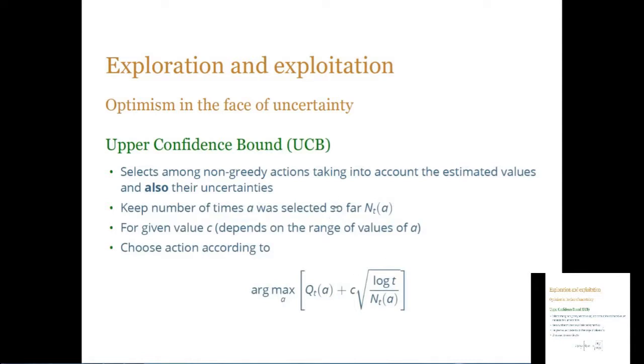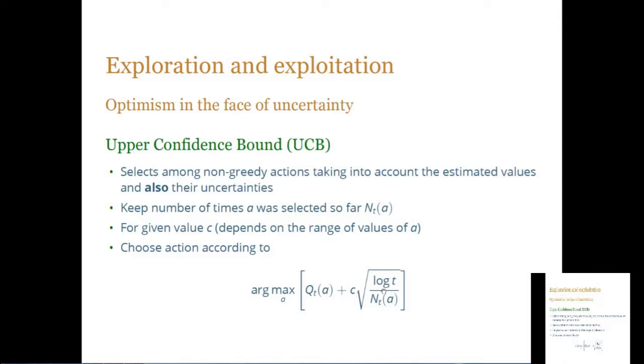So we have to keep the number of times that an action was selected so far. So this is this N at time t. And then for some value c, and this will determine this trade-off, which is usually taken within the range of values of the action. Then we choose the action that maximizes this quantity. So this is the value of the action, and then we have here this term that you can see that the more I increase the number of times that action was selected, the smaller it becomes, right?